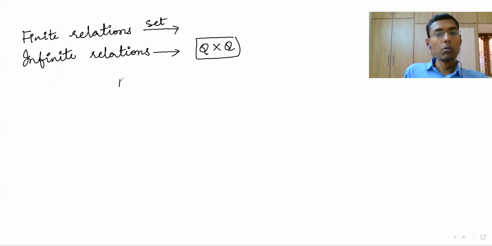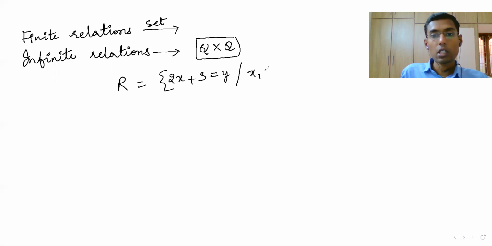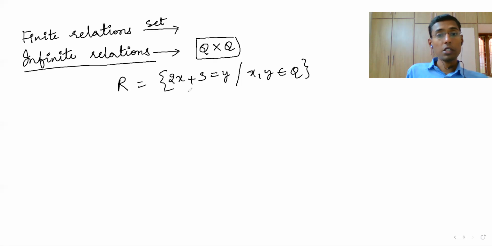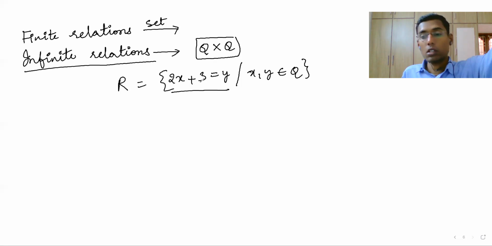Now R I am writing like this: R equals 2x plus 3, y such that x comma y belongs to Q. This is a relation like this. Whenever we say infinite relation, it will be given like this. Y equal to x plus 3, learned in 11th grade also. That means if you take here x value any rational number, then y value automatically you get like this.